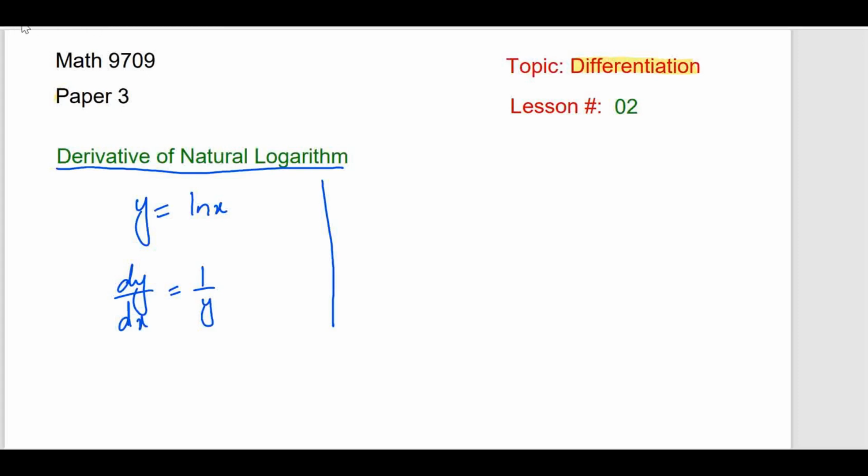But sometimes the examiner will give us questions like this, that let's say we have a function y is equal to natural log of 2x plus 5. Now, if they ask us to find the derivative of this function, what we have to do is initially write this thing.